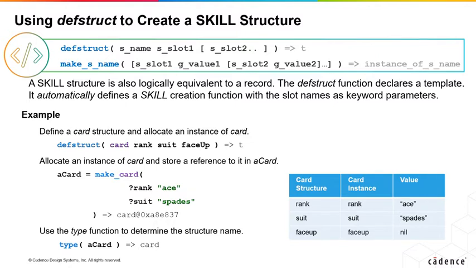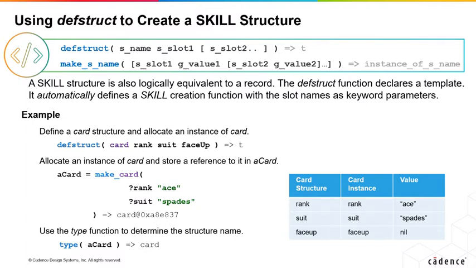Next, we allocate an instance of the card and store a reference to it in a card. So as we mentioned earlier, whenever we define a structure card, it creates a function for us to actually make an instance of the card, and make underscore card is the function we would use. And then we use keyword type parameters to input the values of the different slots in our structure here.